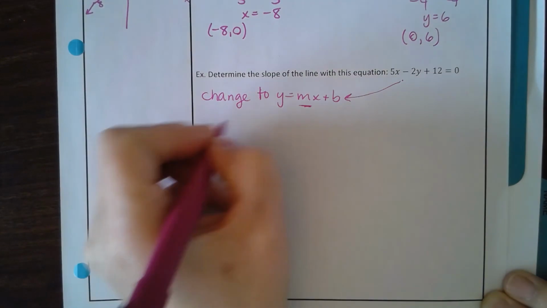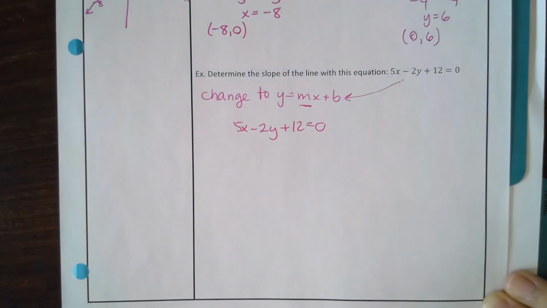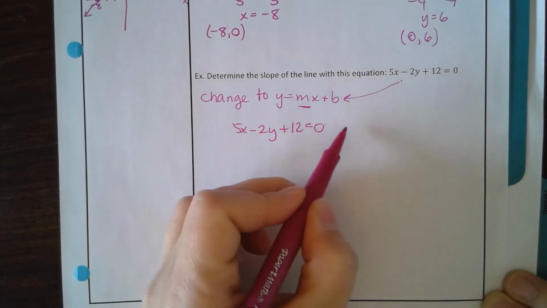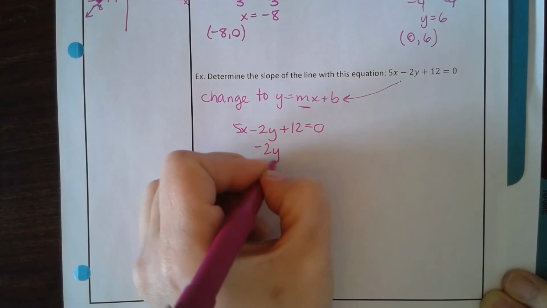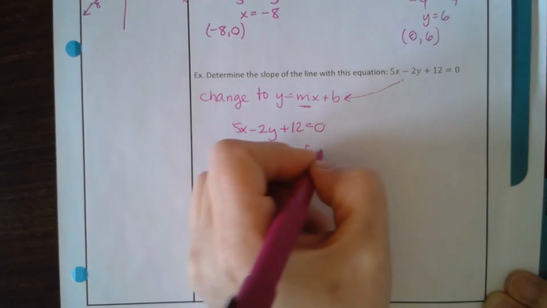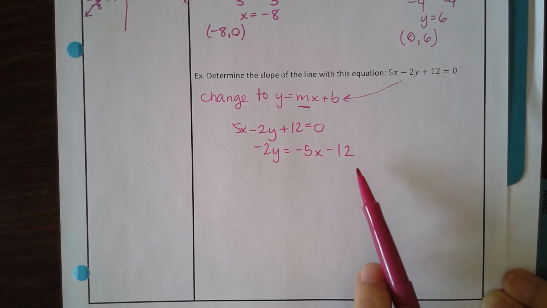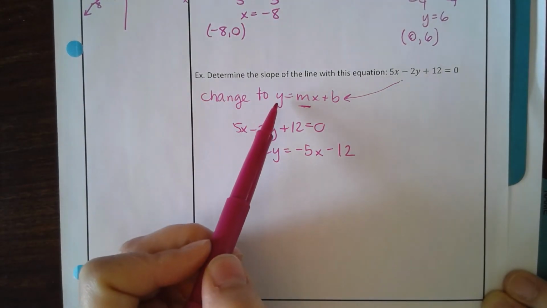Okay, so 5x minus 2y plus 12 equals 0. All we have to do, remember, is move the 5x and the 12 over to the other side of the equation. And when we do that, they change signs. Okay, that's how we end up with negative 5x and negative 12. And remember, we don't want 2y, we want 1y.